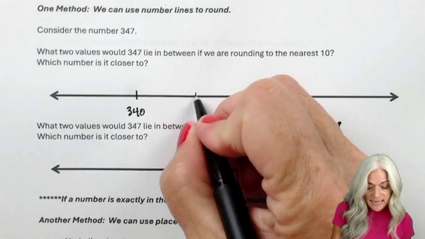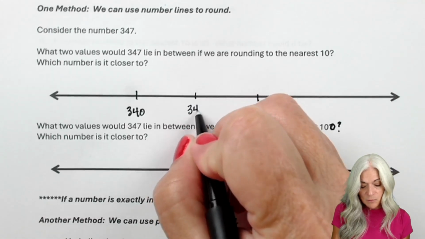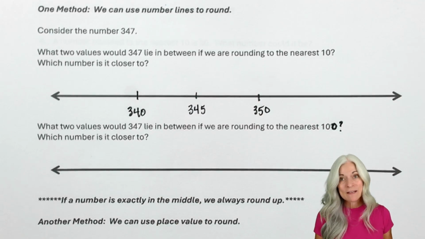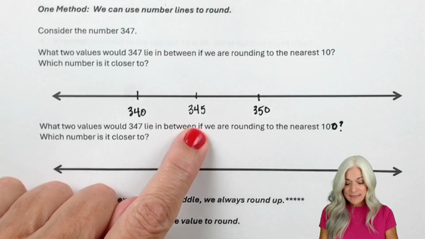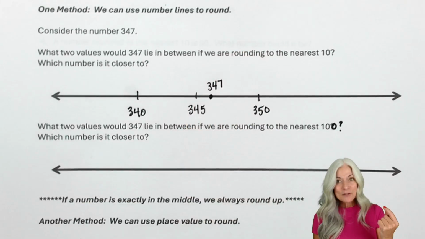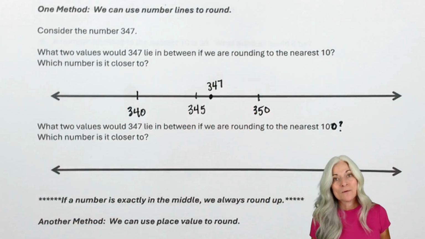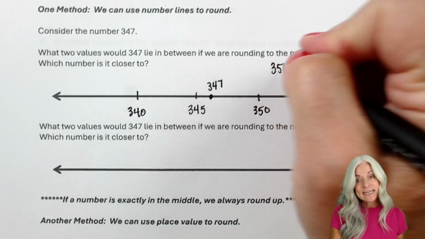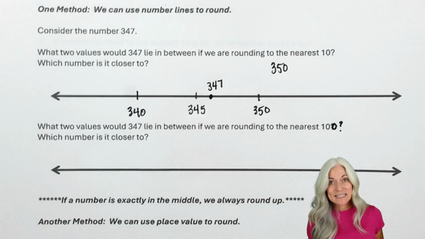That number is going to be 345. Where does it lie in relation to 345? It would lie to the right of it, so right about here. We can visually see it's closer to 350. So it rounds to 350 if we're rounding to the nearest 10.